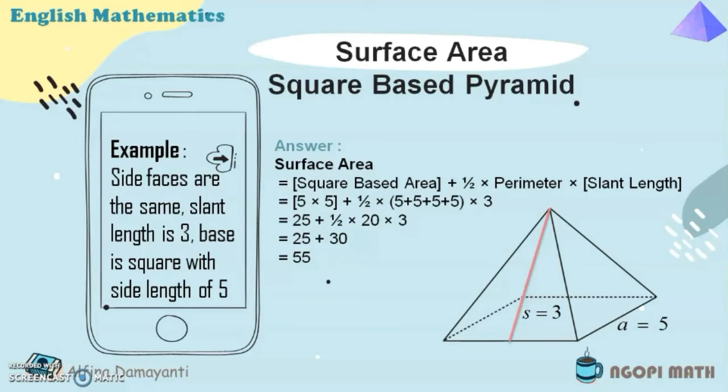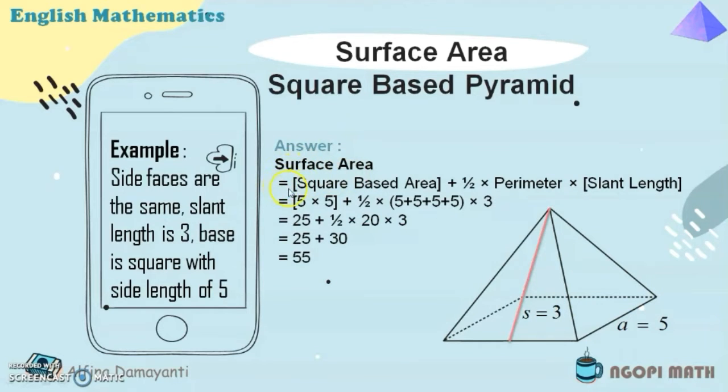Example of surface area of a square-based pyramid. Side faces are the same, slant length is 3, base is square with side length of 5. Slant length is 3 and A is side length of 5. Answer.